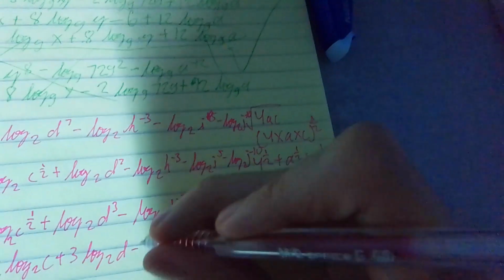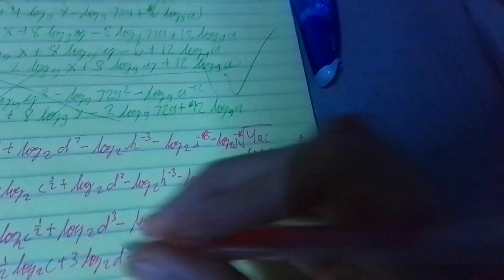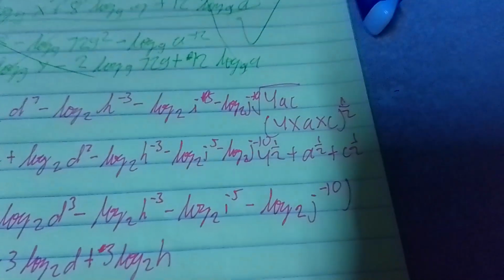So therefore, it's going to be written as -5 times 1/2 log base 2 of 4 plus 1/2 log base 2 of a plus 1/2 of log base 2 of c, and then plus 3 times the log base 2 of d minus, remember, we have minus -3 times the log base 2 of h.